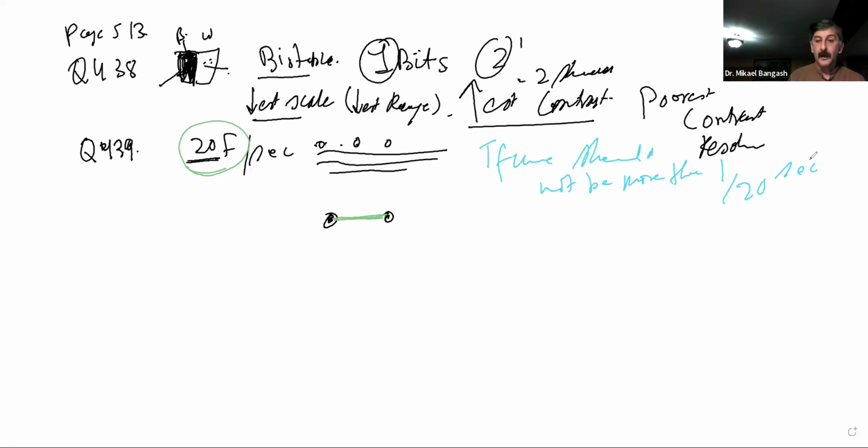Which mainly means it shouldn't take more than 1/20th of a second, or 1 in 20 parts of a second, for one frame to be created.